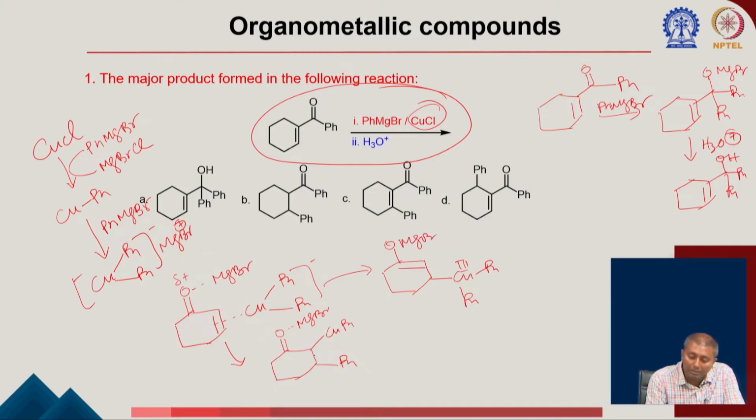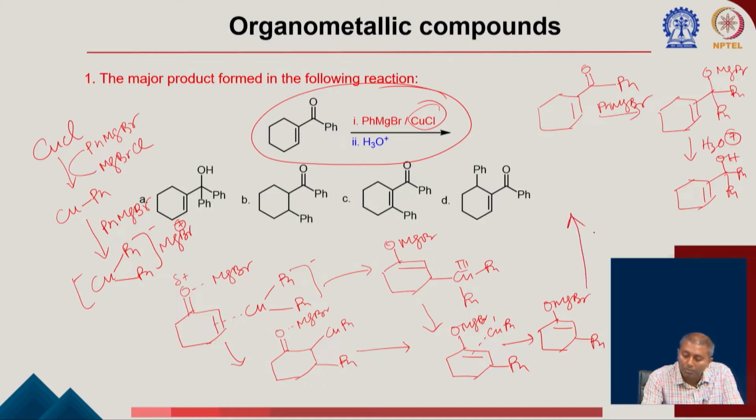From either of these intermediates, A or B, it will come to the corresponding enolate, and from there, once you have H3O plus, it is going to go to the corresponding product. So what is going to end up happening?